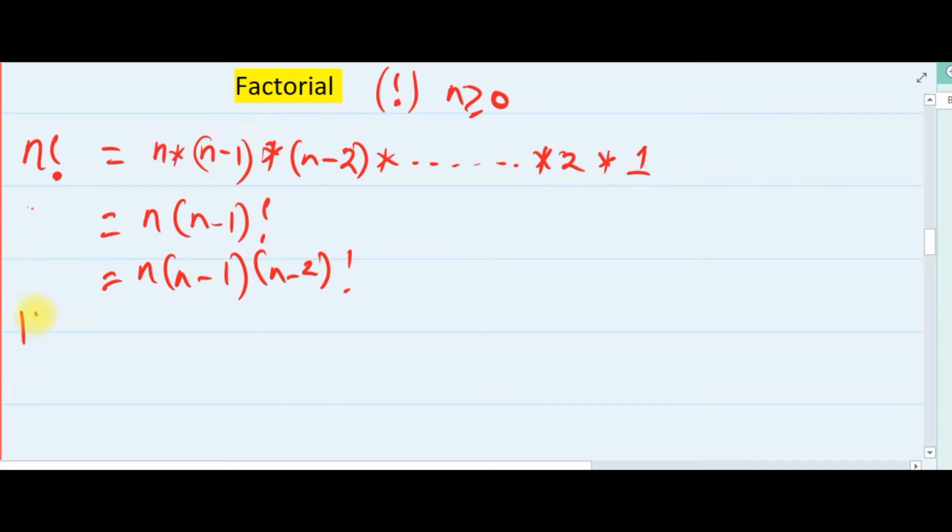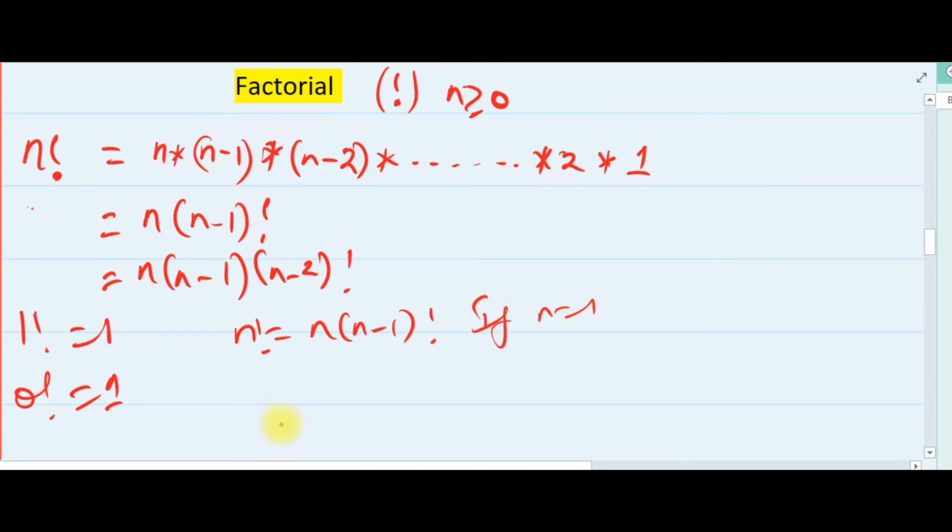From there we see that 1 factorial is 1, and 0 factorial is also 1. From what we've just written, you'll be wondering how come 0 factorial is 1. You see that n factorial equals n times n minus 1 factorial. If n is 1, that is 1 factorial equals 1 times 1 minus 1 factorial.